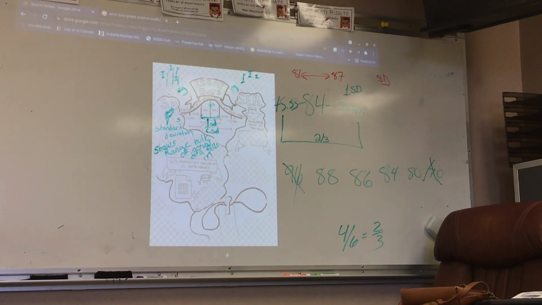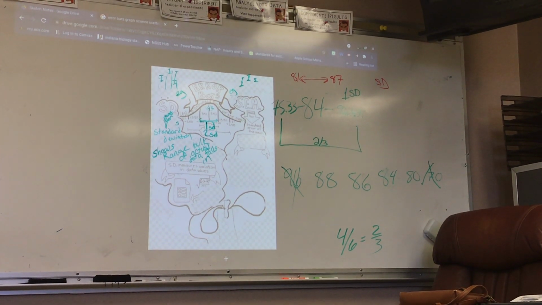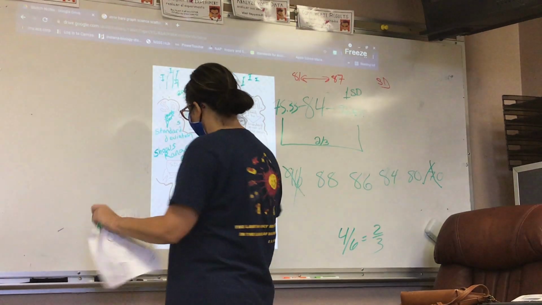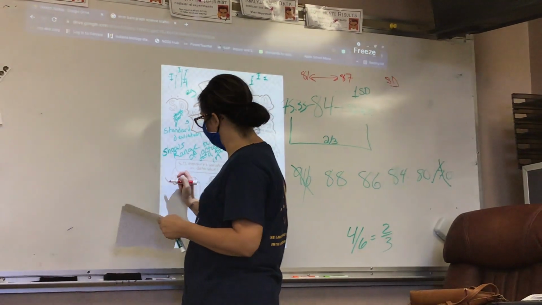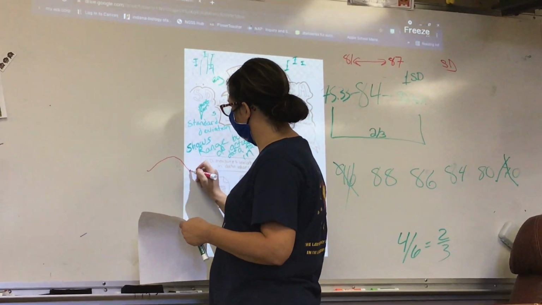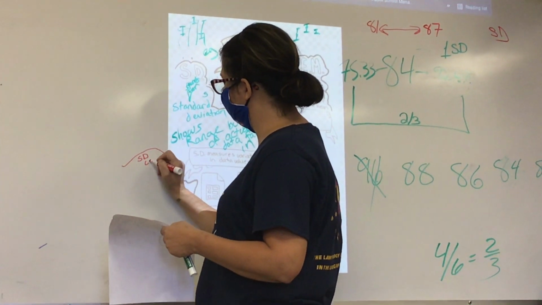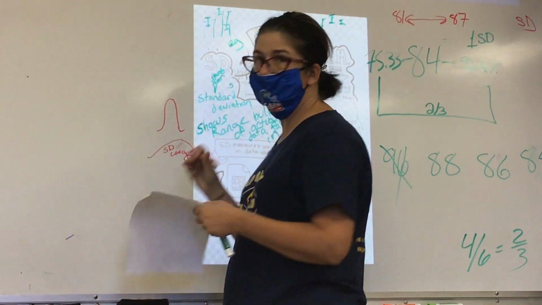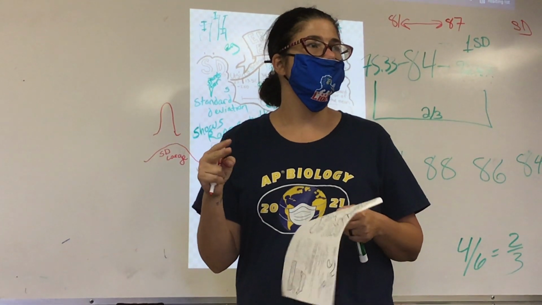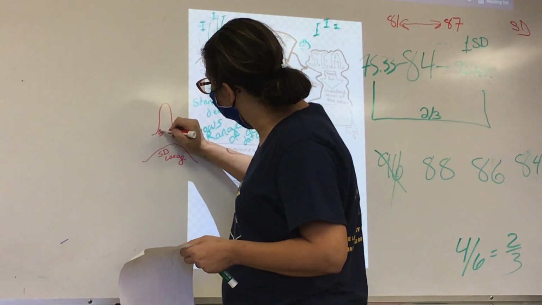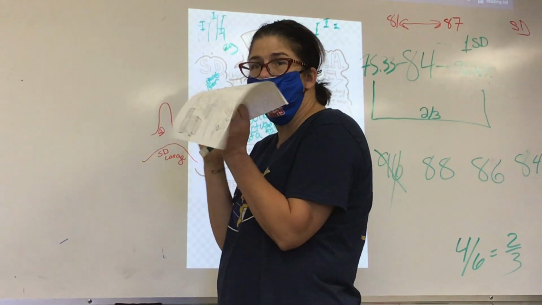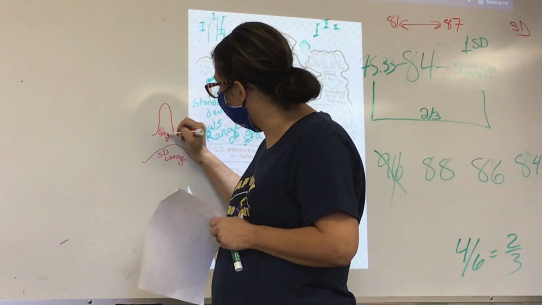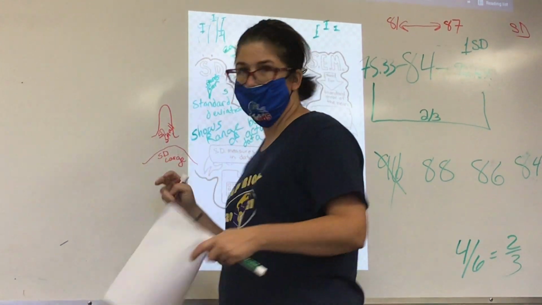The larger the standard deviation, the more spread out your data is. We can still have the same number of data points, still 6. But if the number is smaller, they're going to be more clustered together around the mean, or closer together, I should say.